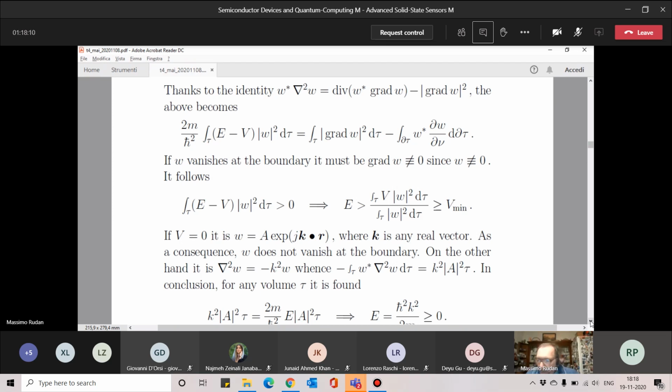If it does not go to zero, it cannot be normalizable, okay? Because the integral would diverge, okay? So W must go to zero at infinity. But if W goes to zero at infinity, also W star, that is the conjugate, goes to zero at infinity. So the last integral, the integral that is carried out over the boundary, vanishes.